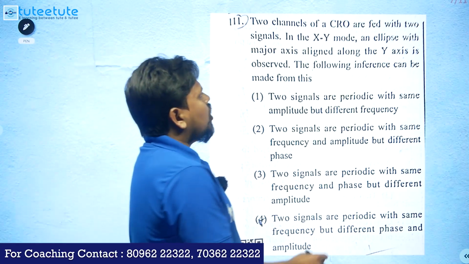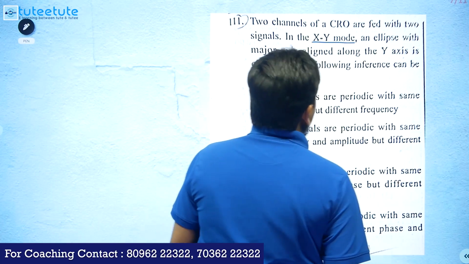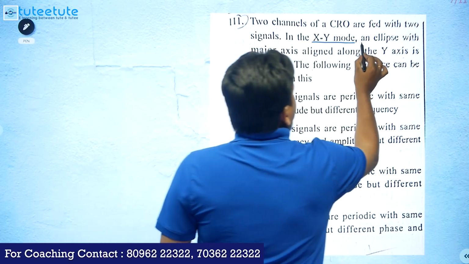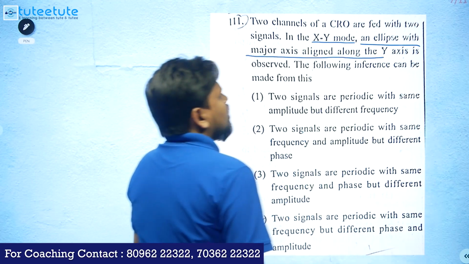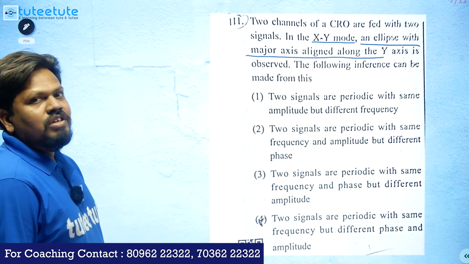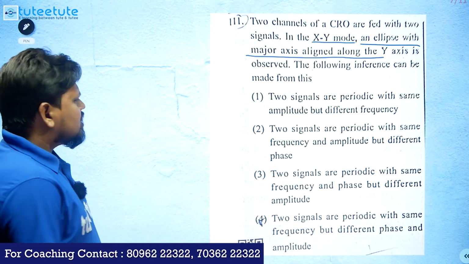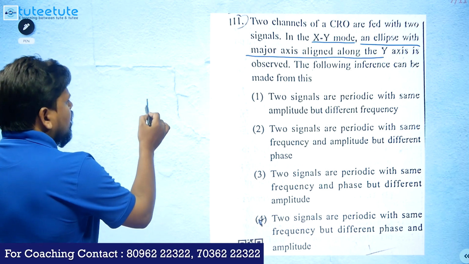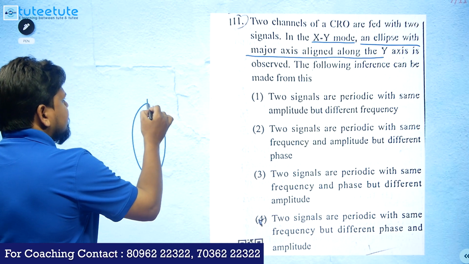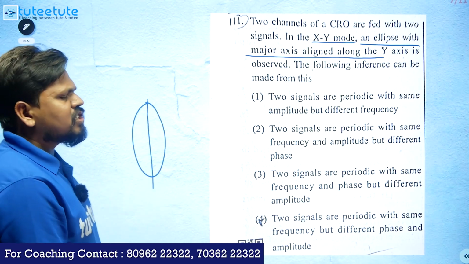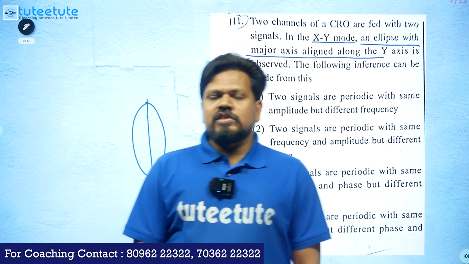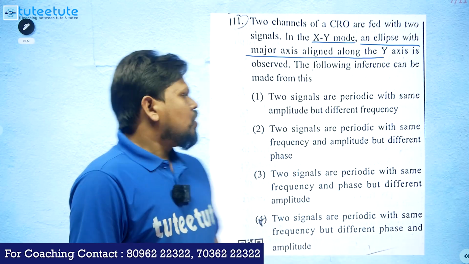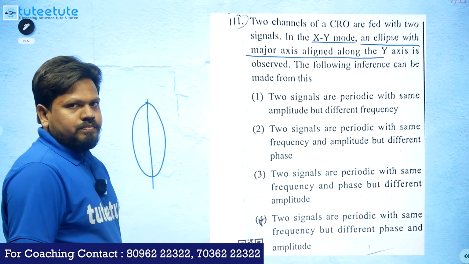It is XY mode of operation, and the major axis of the ellipse is aligned along the Y axis like this. They have not mentioned the direction, whether clockwise or anti-clockwise rotating, so leave it. We got the Lissajous figure like this.